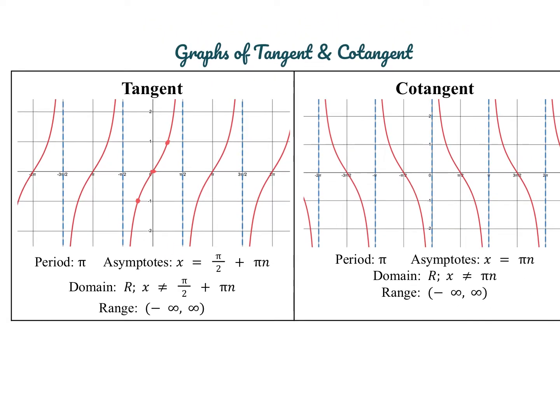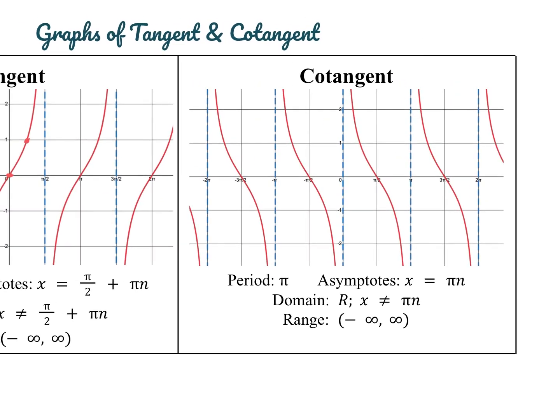For cotangent, it looks very similar, similar to how we did secant and cosecant. Wherever tangent is 0, cotangent is going to be undefined because the reciprocal of 0 is undefined. So we have asymptotes still every pi units, but they occur at 0, pi, 2 pi, and so forth. You can describe those asymptotes with this equation.